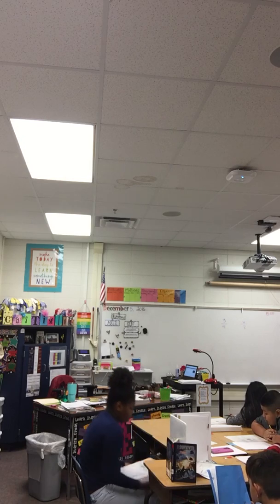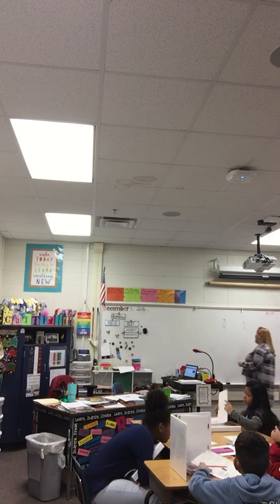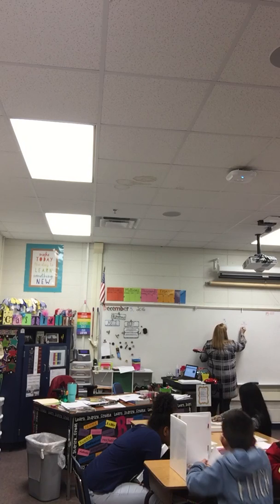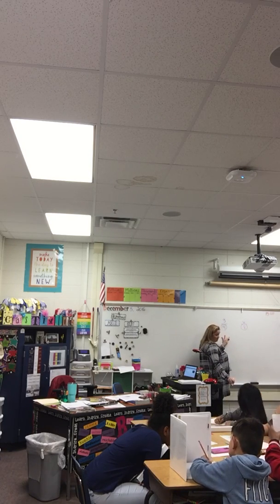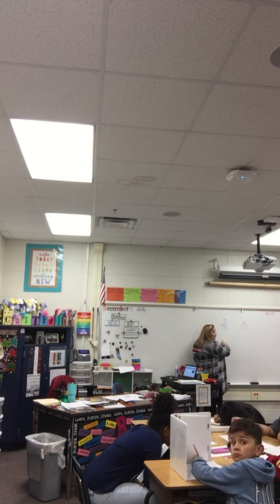Okay, everyone, I want you to write this on your notebook paper. Get out your notebook paper. We're going to find a common denominator for our 4 and for our 8. So we have to write down our multiples.